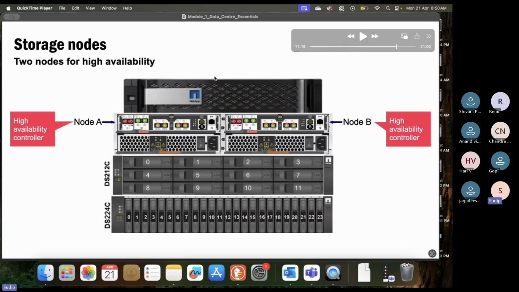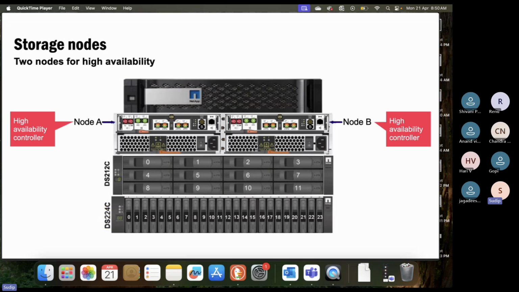As we have understood, they come in pairs, also called HA pairs, so you have node A and node B. When you're looking at the storage controller from the rear, if they are aligned side by side, the one on the left is node A and the one on the right is node B. If they are stacked vertically, the one on top is node A and the one on the bottom is node B.